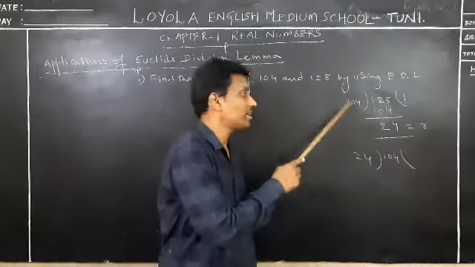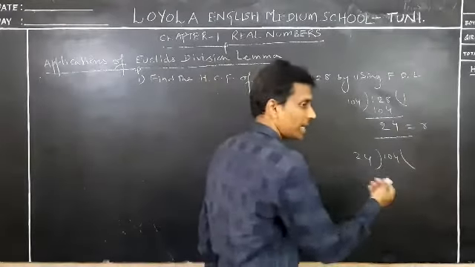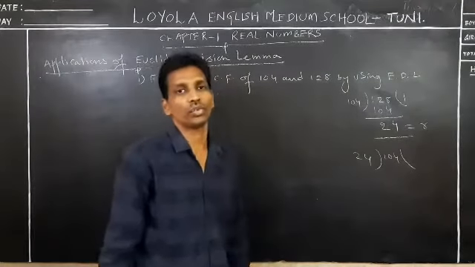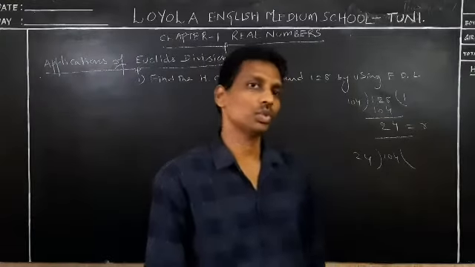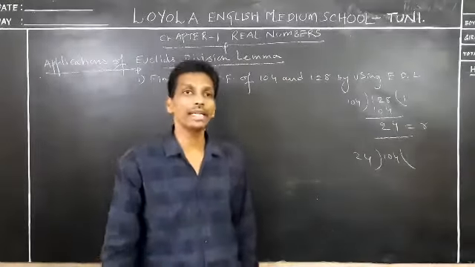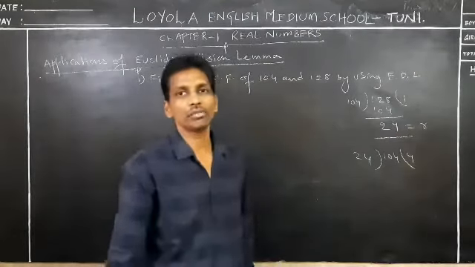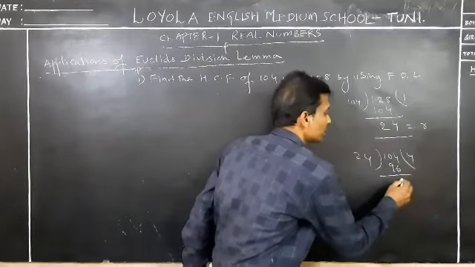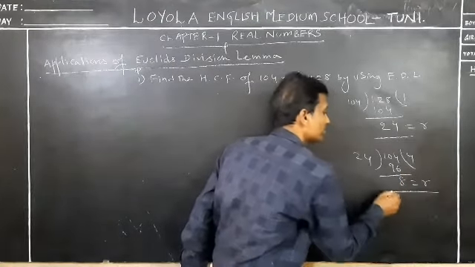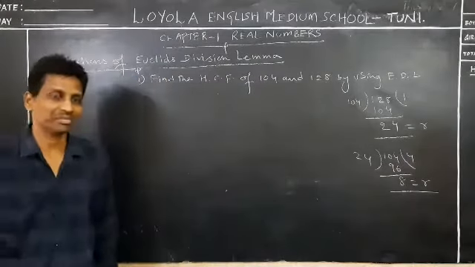In first step, divisor comes as dividend. Say 24 ones are 24, 24 twos are 48, 24 threes are 72, 24 fours are 96. So approximately 4 times it may be possible. 24 fours are 96. So what is the remainder we left here? 8 is the remainder. So step 2 is also completed.